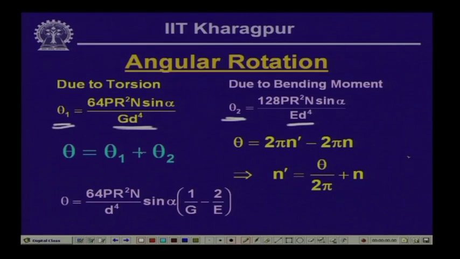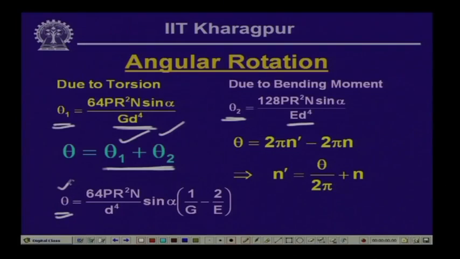Now, algebraically we add them up, theta 1 plus theta 2, but as you have noticed, because of the twisting moment the angular rotation will have a clockwise movement, which will try to increase the number of wounds, and in case of bending it will have an anticlockwise movement, which will try to unwind the spring. So the final angular rotation with respect to the top will be the difference between the two, theta 1 minus theta 2.